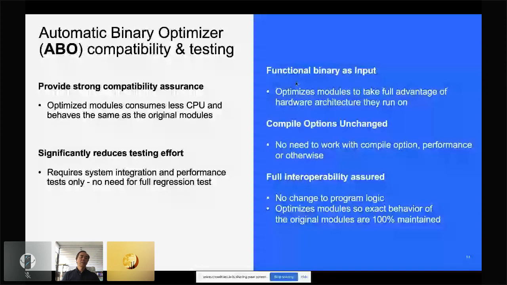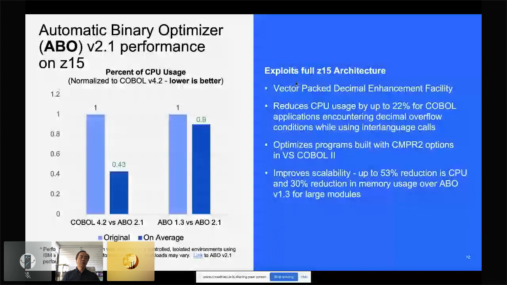So when we talk a little bit about the performance that COBOL has, if you look at ABO, we're looking at about a 50% improvement instead of 58% in COBOL. So the performance produced by ABO on Z15 is pretty much on par with the COBOL compiler.